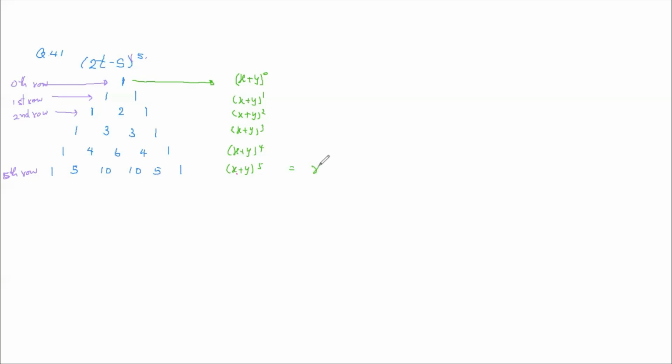Then you keep writing in order: x to the power 4, y to the power 1, plus x to the power 3, y to the power 2, then x to the power 2, y to the power 3, then plus x to the power 1, y to the power 4, and then plus y to the power 5.